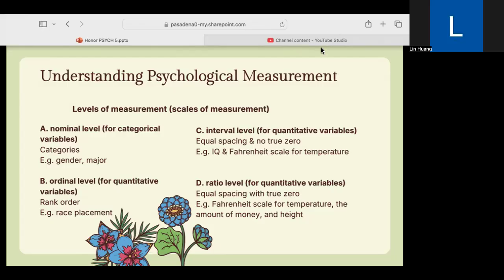That is rank order like first, second, and third grade. And next is interval level. That is equal spacing without a true zero, such as your IQ scores and the Fahrenheit scale for temperature. And the last is ratio level, that is equal spacing with a true zero, such as Kelvin scale for temperature, the amount of money, and your height.